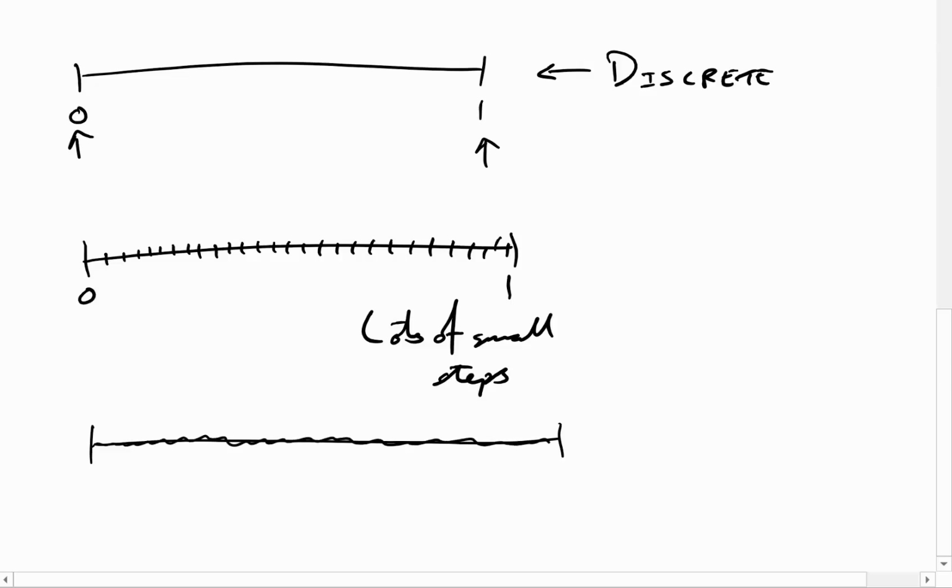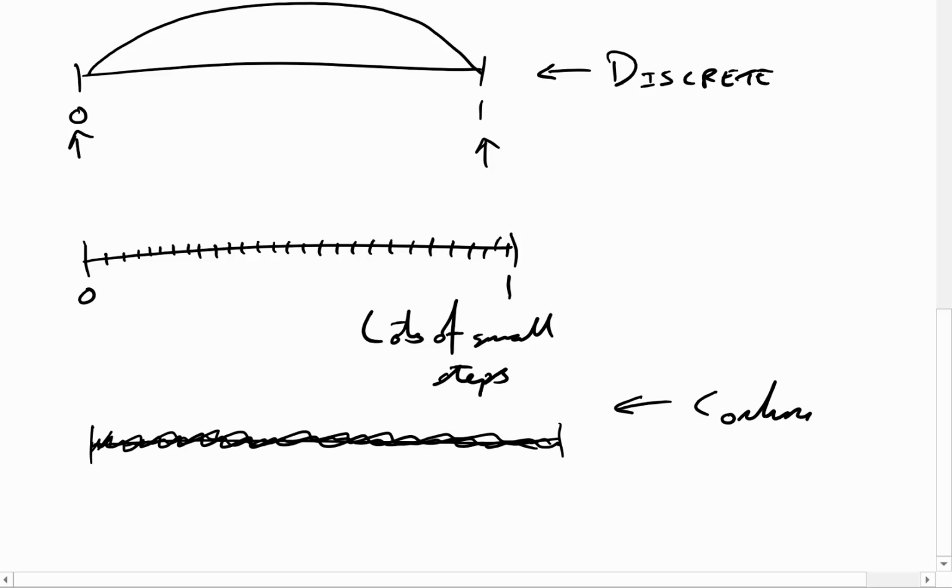It's almost like a snail gliding along the ground in one smooth motion, whereas the discrete case is a definite step. So we're going to do it by taking more and more time steps, and that's the idea.